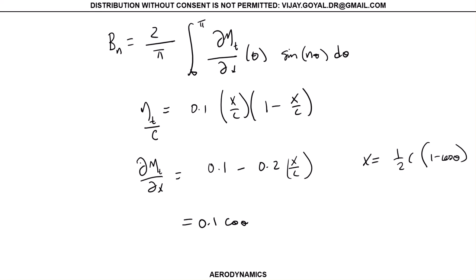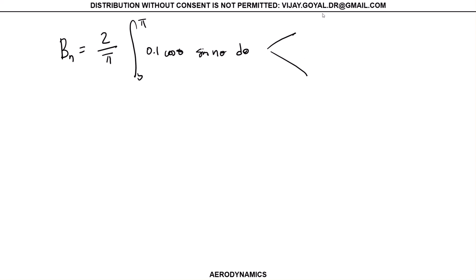Okay, so what is true for this problem is the following. b_n is equal to 2 over pi, integral from 0 to pi of 0.1 cosine of theta, sine of n theta d theta, and this has two expressions. When n is equal to 1, b1 is equal to 0.